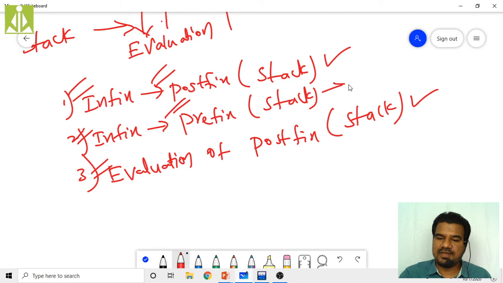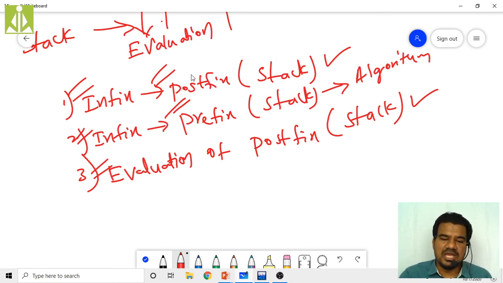The prefix code I have kept inside your notes, you just follow that one, because they will rarely ask the infix to prefix code. They will not ask regularly, and even if they ask about this process, they will ask the algorithm but not the code. Algorithm is nothing but the procedure, how we do the conversion. That procedure we will discuss.